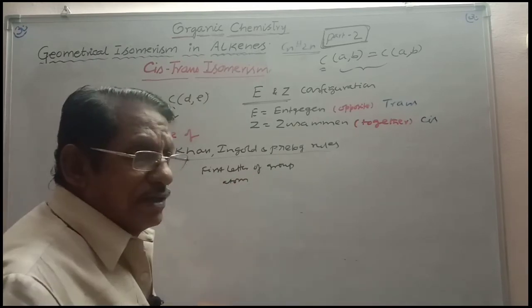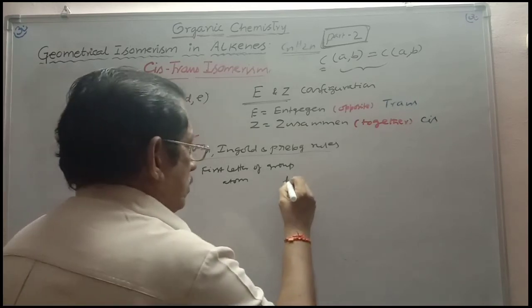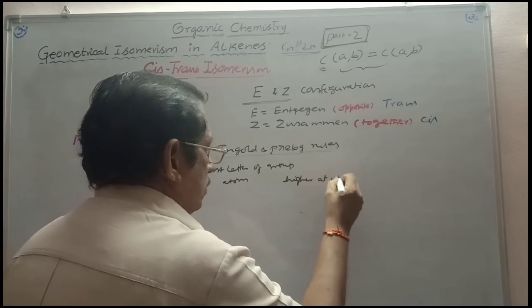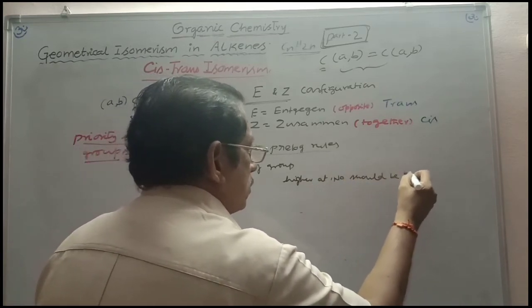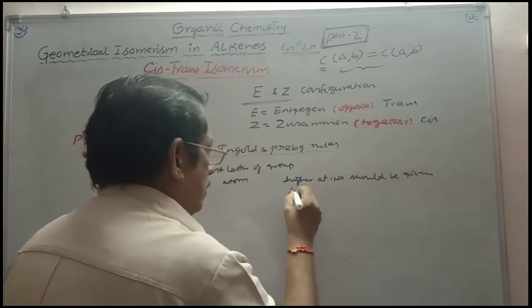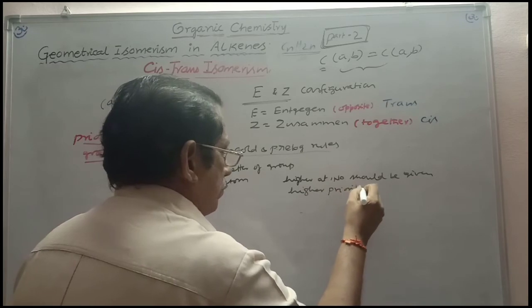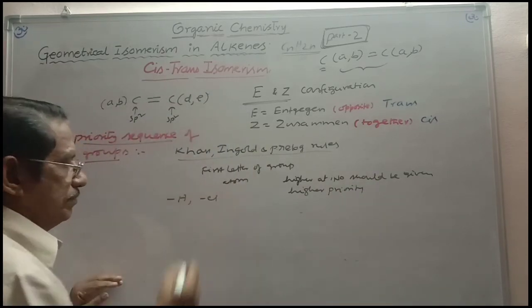The one which has the higher atomic number should be given higher priority. This is the rule. For example, there are two groups, H and Cl.